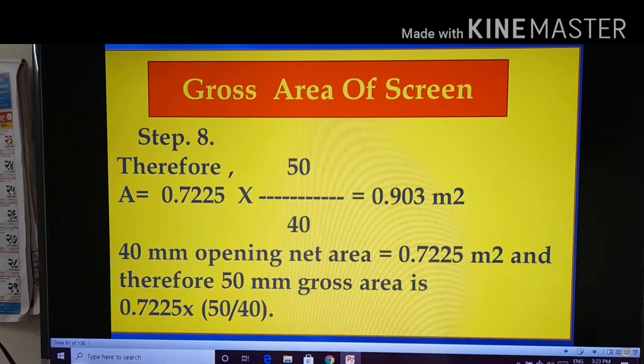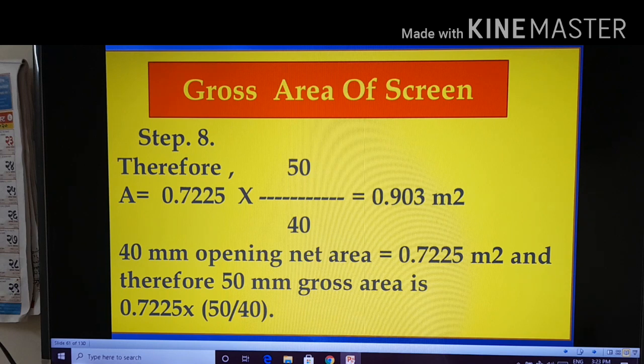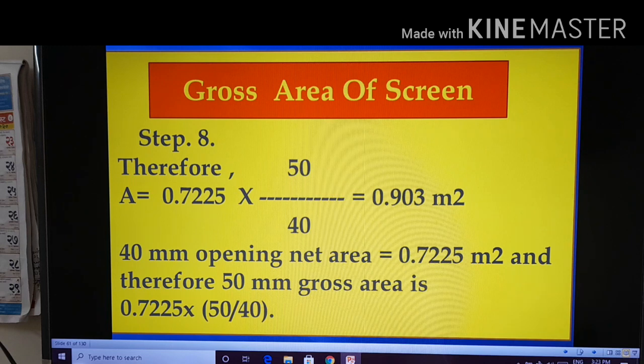After that, put the clear meaning, that is 40 mm opening net area is equal to 0.7225 meters square, and therefore 50 mm gross area is 0.7225 × 50/40, which is the clear meaning of that particular step, that is step 7. That's why I put this step 8, to understand step 7.